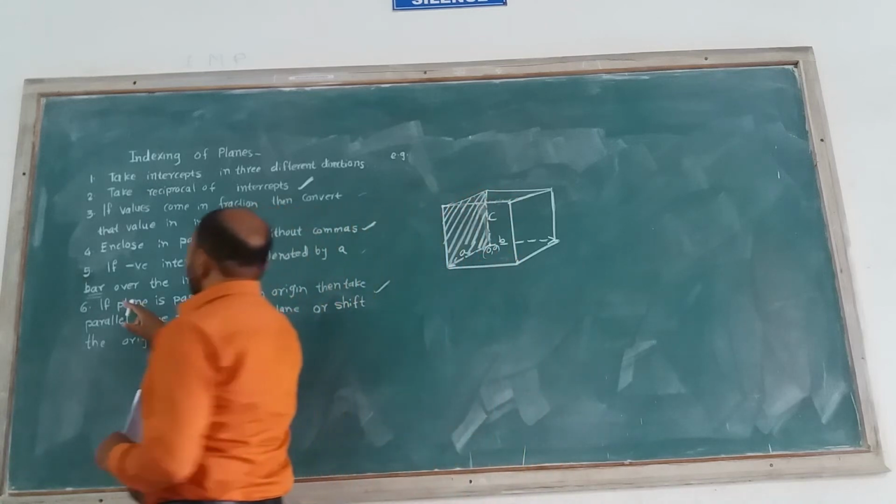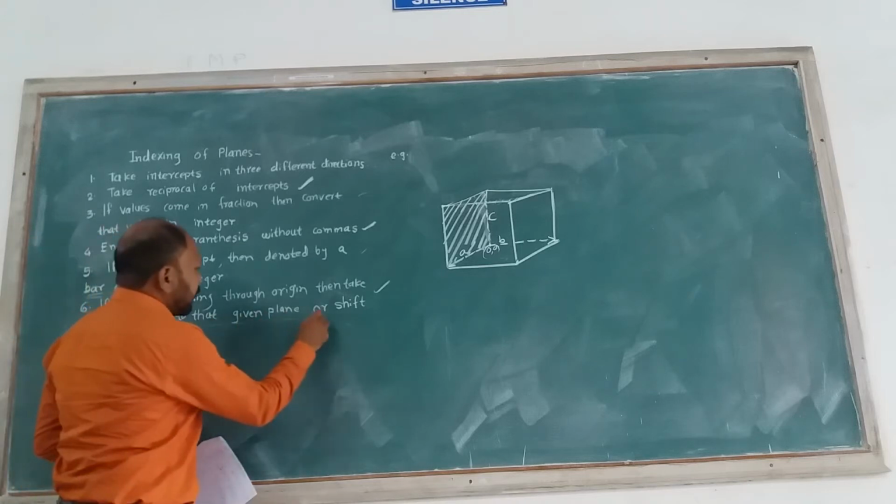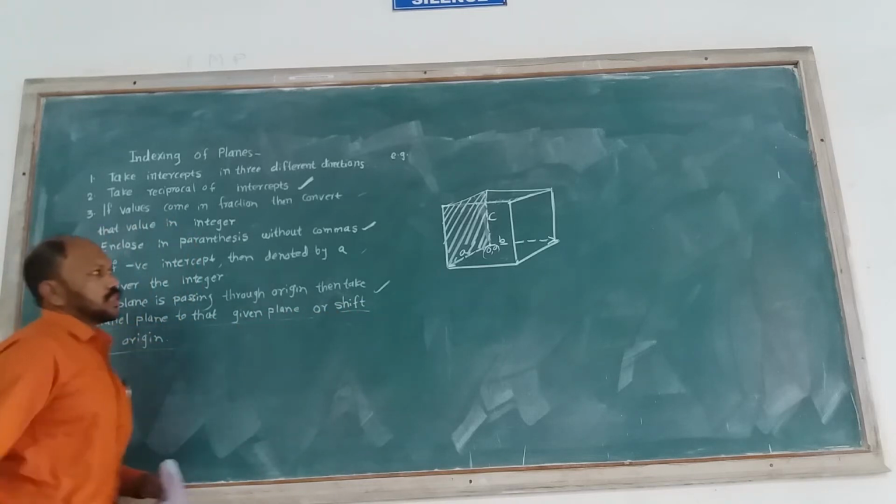If the plane is passing through the origin, then take a parallel plane to the given plane or shift the origin.